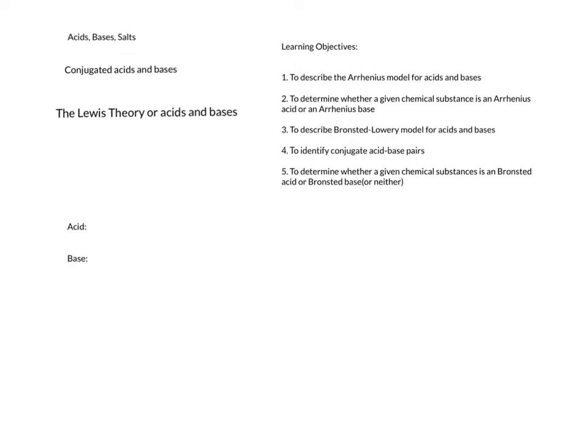This should be the end of this video, and to sum up, to make your life easier, I'm going to show you one last point. Because we've been discussing three different theories about acids and bases, sometimes you get mixed up, I get mixed up as well.